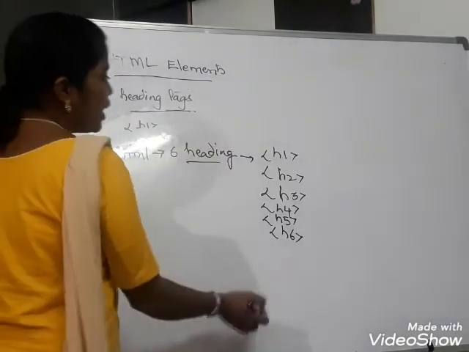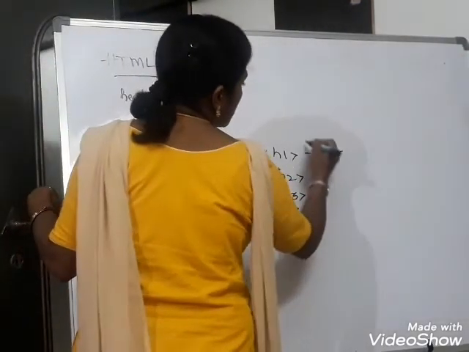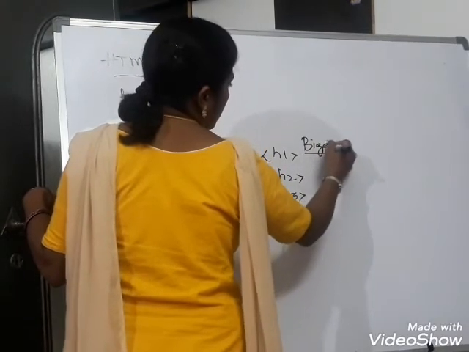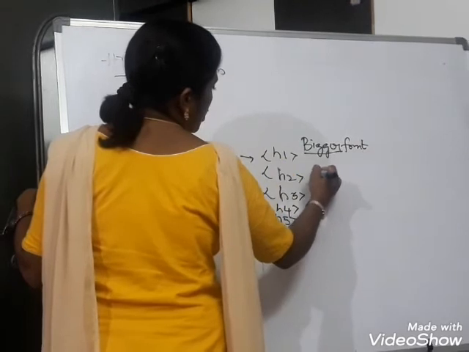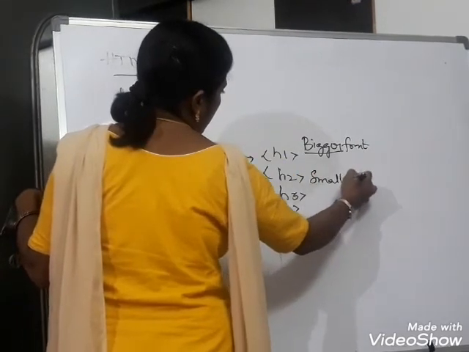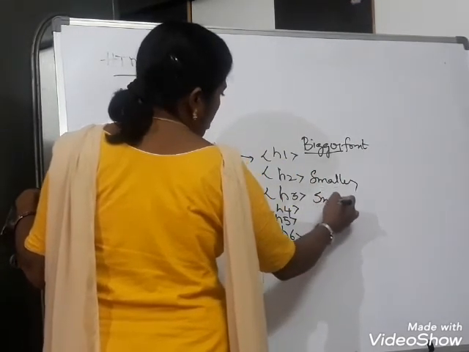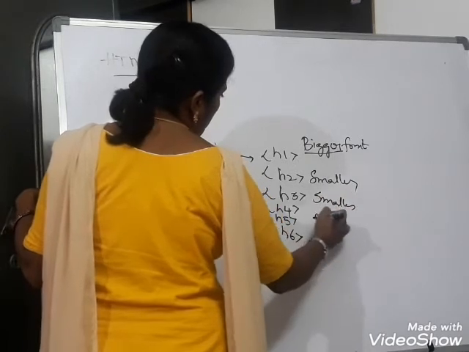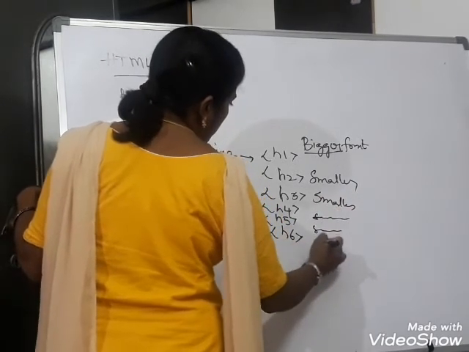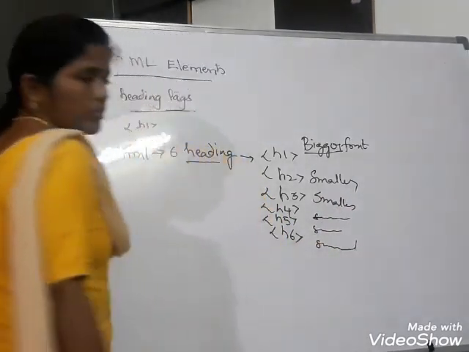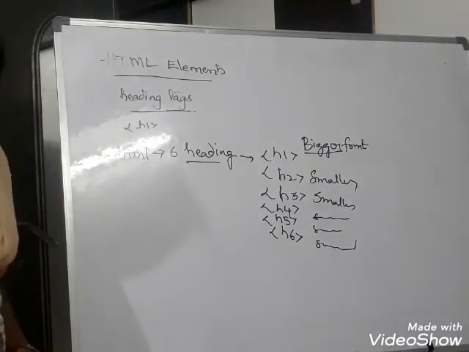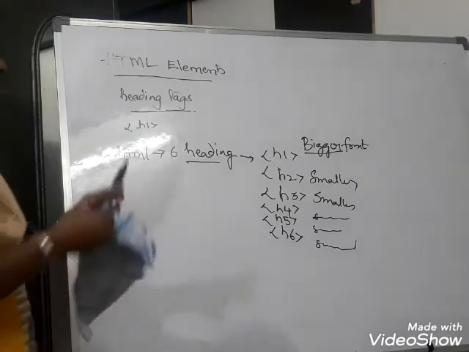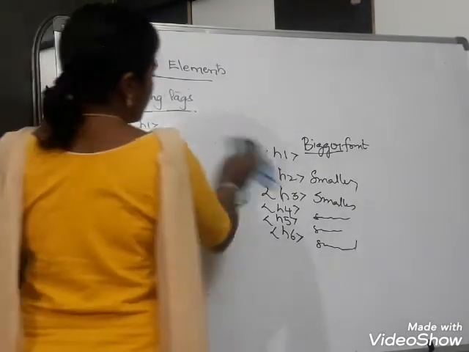Similarly, as I have written, it gives a bigger font, smaller, still smaller, smaller, smaller, right? A repeated question as per your university examination. So I'll just write a program for this.